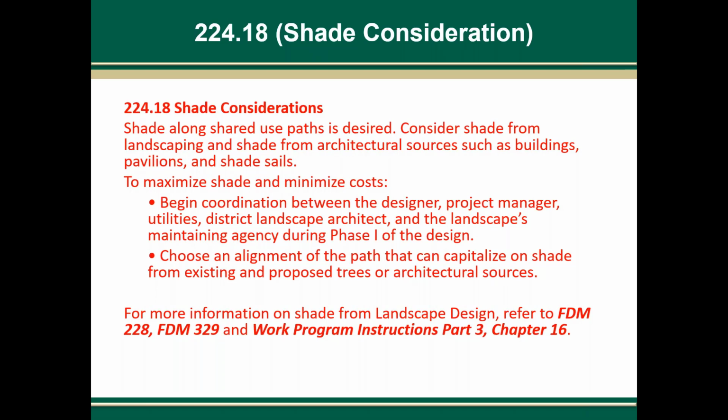Choose an alignment of the path that can capitalize on shade from existing and proposed trees or architectural sources. For more information on shade from landscape design, refer to FDM 228, FDM 329, and Work Program Instructions Part 3, Chapter 16.